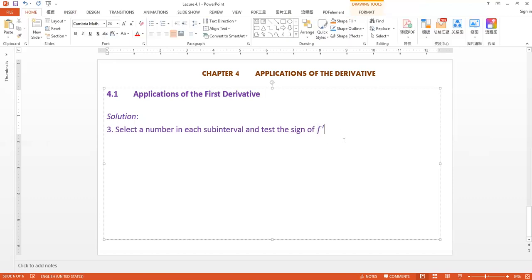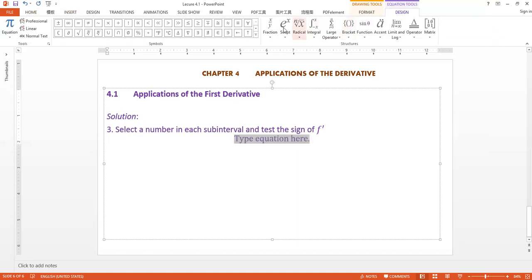So this is the third step. Okay, let's see. So we know there are 3 subintervals. The first subinterval is -infinity to -1.